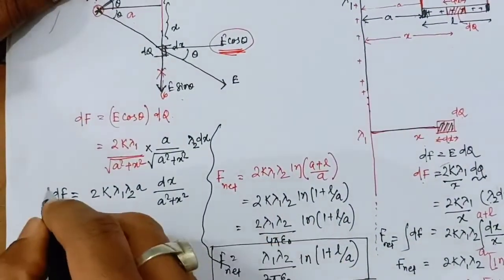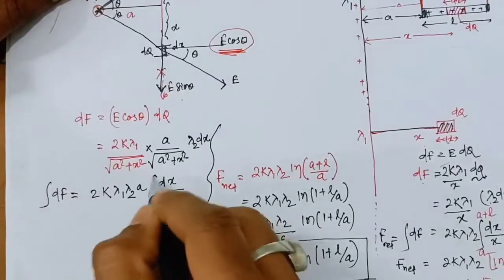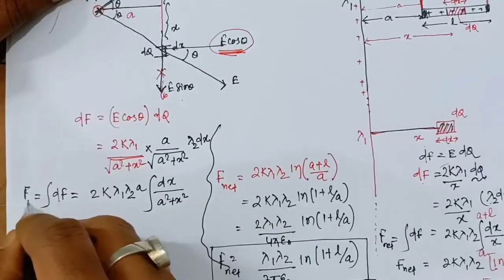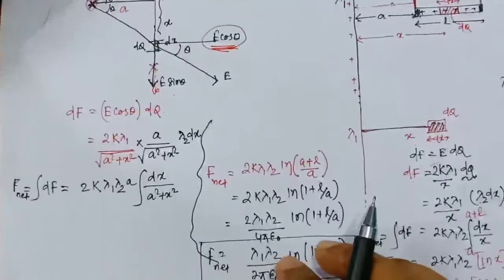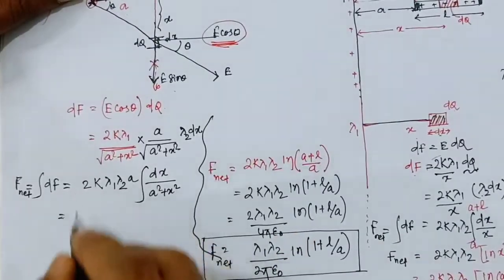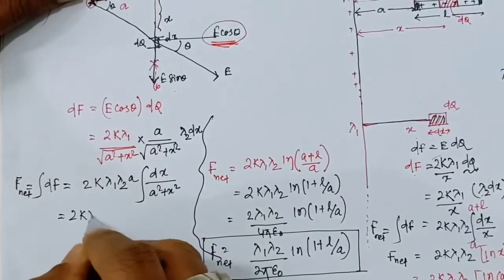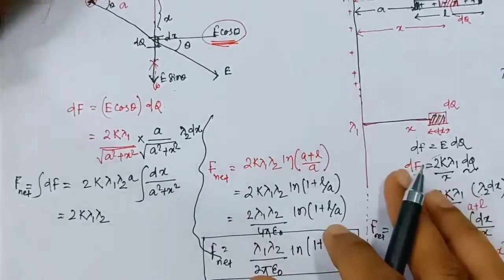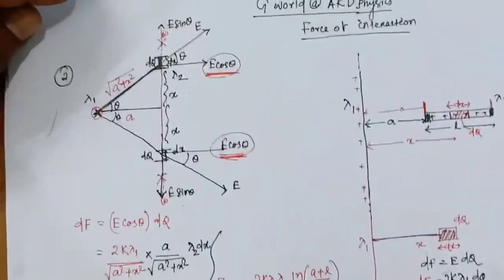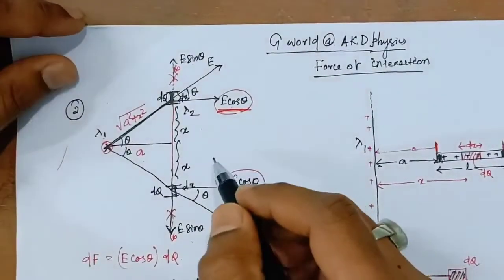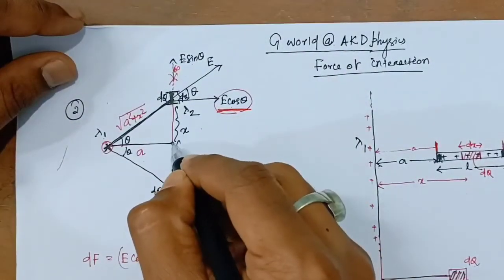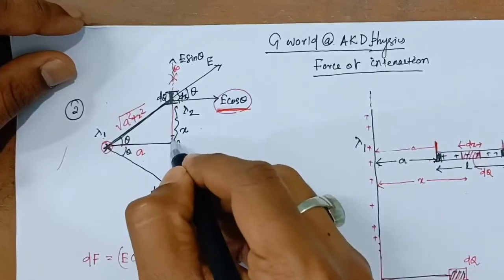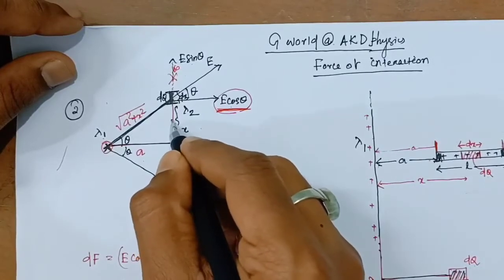If I go for integration, I will get my net force. So what is the scale of integration? This is 2k lambda 1 lambda 2 a, dx by a square plus x square, and we'll think about the limit. Very carefully, if I take the element here, then goes here, then goes here.